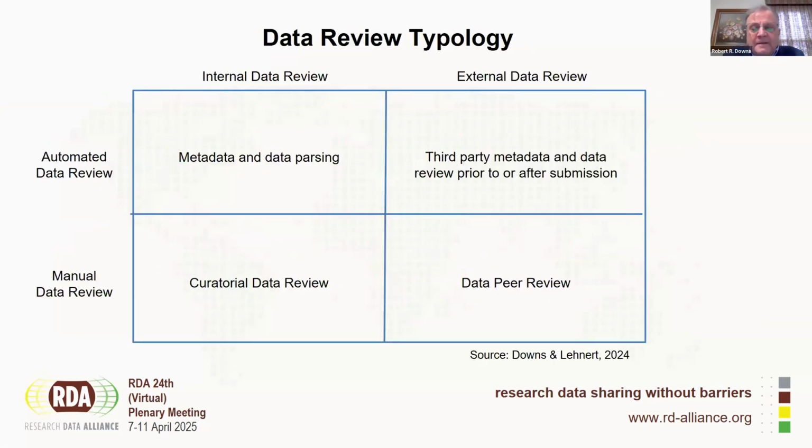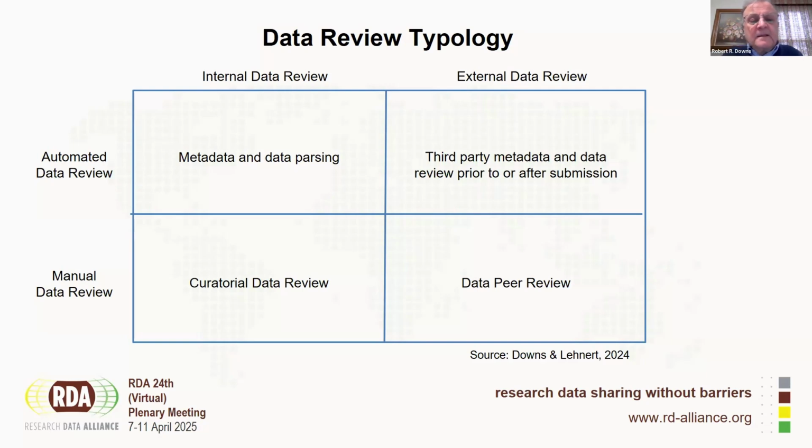I did want to share with you this typology that we developed based on various discussions we were having with different groups about the data review process. Here you can see we have two axes. Along the top we have internal data review, and various people have different names for that, versus external data review on the right side. Then along the side, at the top, we have automated data review versus manual data review at the bottom.